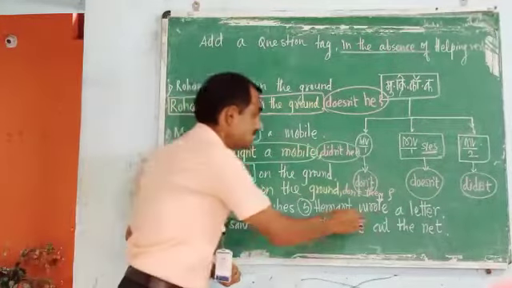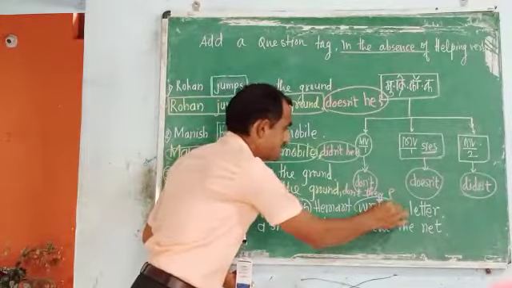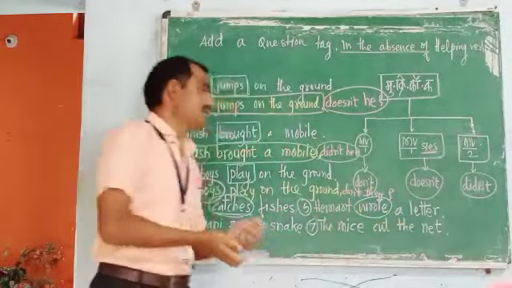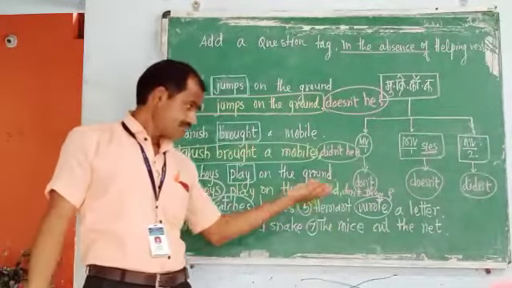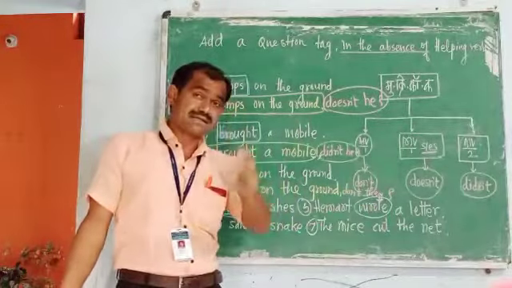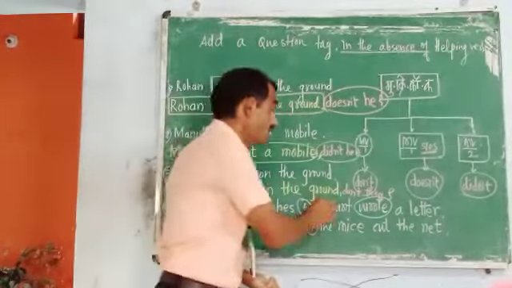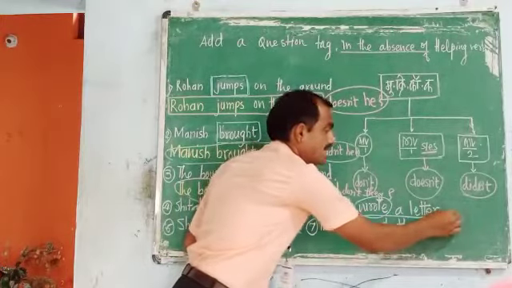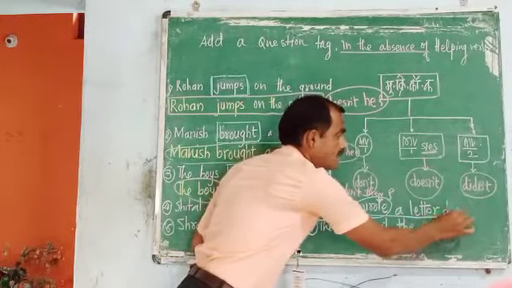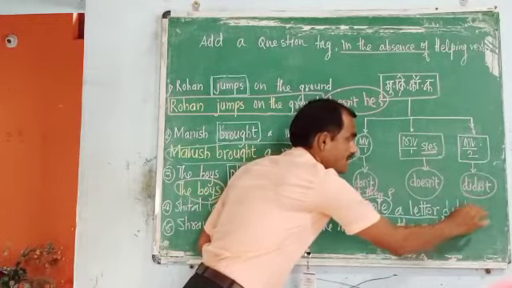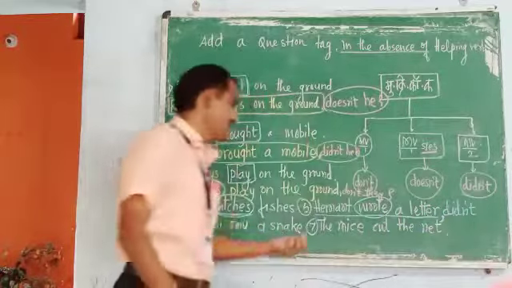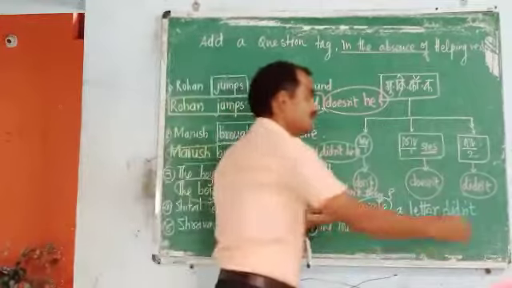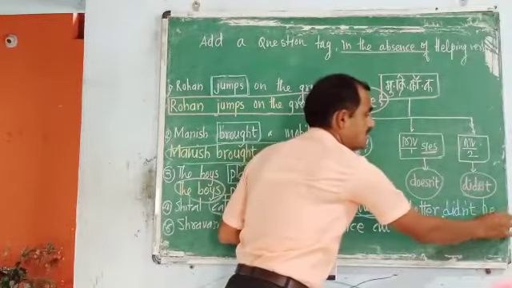Let us learn the fifth sentence, that is Hemant wrote a letter. Wrote is the second form of the verb. So the given sentence is written as it is, comma is given. We need to use didn't because there is a presence of the second form, and Hemant is masculine gender, so use he as a pronoun.